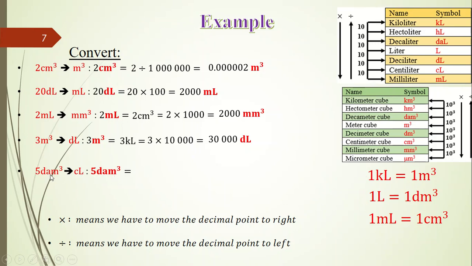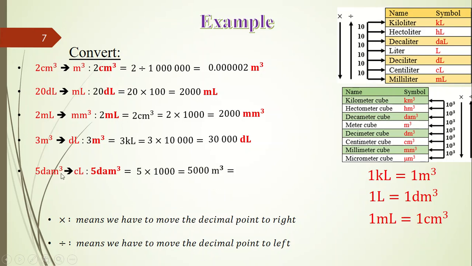Or convert from decameter cube to decimeter cube, then switch to liter, then convert from liter to centiliter. Or convert from decameter cube to centimeter cube, which is equal to milliliter, and then from milliliter to centiliter.